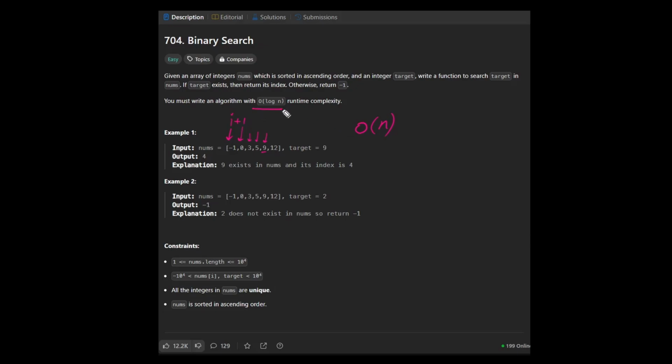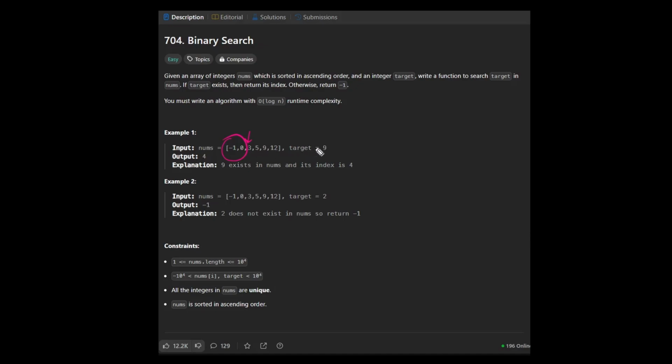Now this time complexity is not acceptable. We need to do it in O(log n). So how can we do it? We would use the ascending nature of the problem, the ascending order. At any point in time, let's say at this location, can I reject an entire part of the array and say this part cannot have the target at all? Like this part, can it ever have 9?